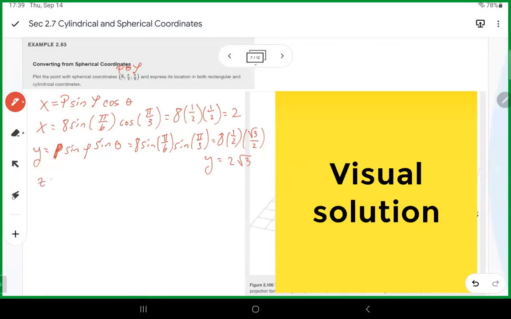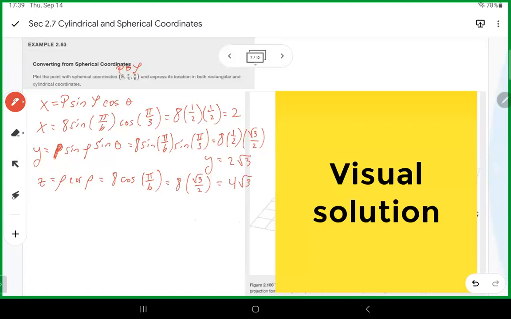And then z is rho cosine phi, which is 8 cosine pi over 6, which then is 4 root 3.